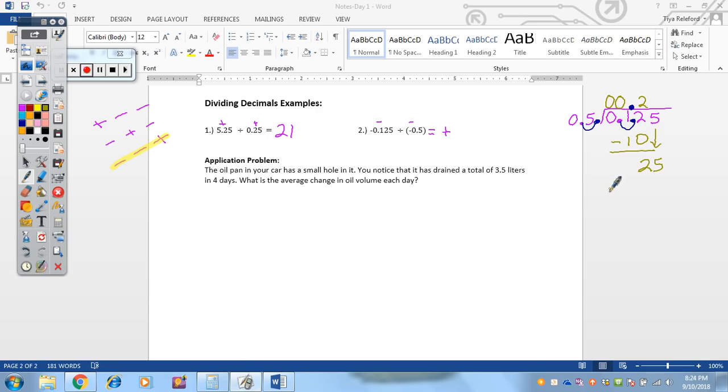Now how many times does 5 go into 25? 5 times. 5 times 5 is 25. So my answer is positive 0.25.